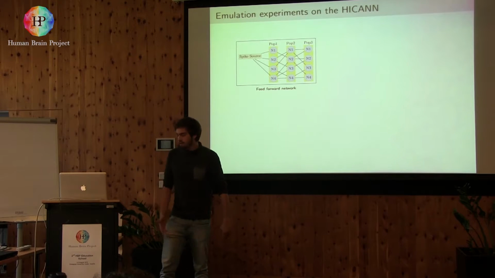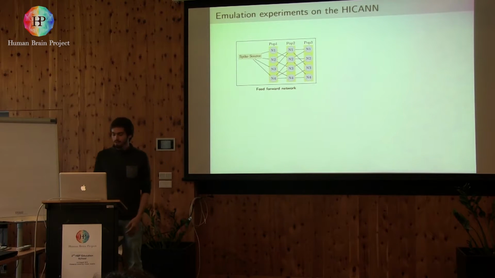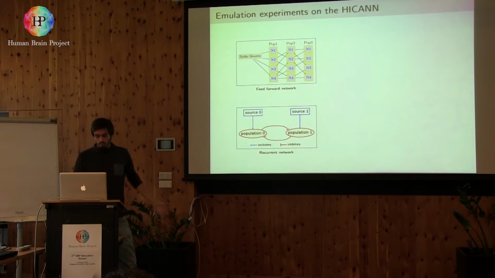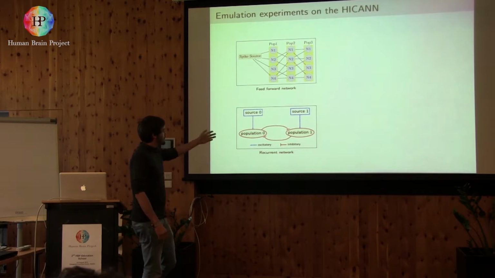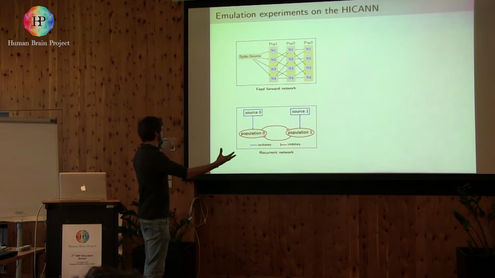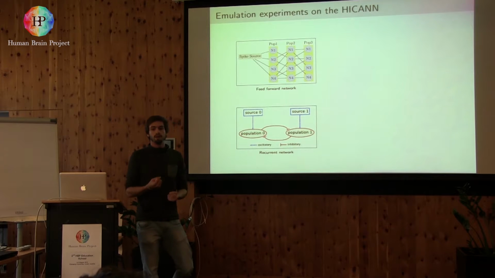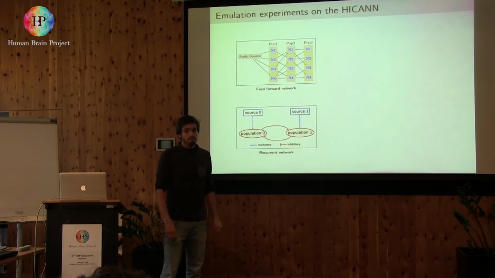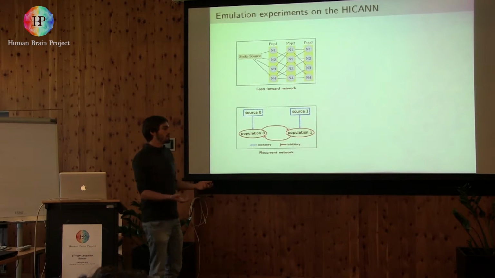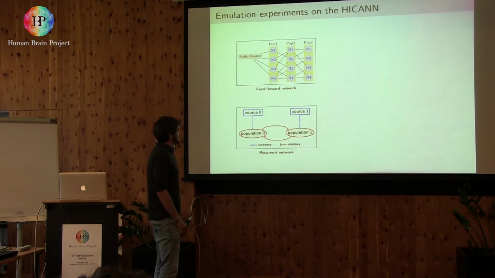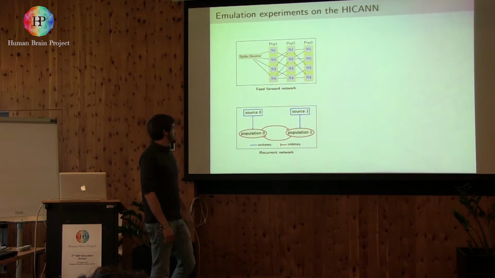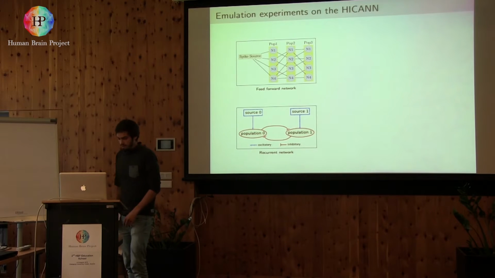That's something you can do on the HICANN already, and the simulation and the emulation get similar results. What I've done in my specialty is working with recurrent networks, where you have two populations inhibiting each other directly, getting different stimuli from sources, and so you can look at competitive dynamics a little bit by changing the stimulus. That's also possible, that's working.